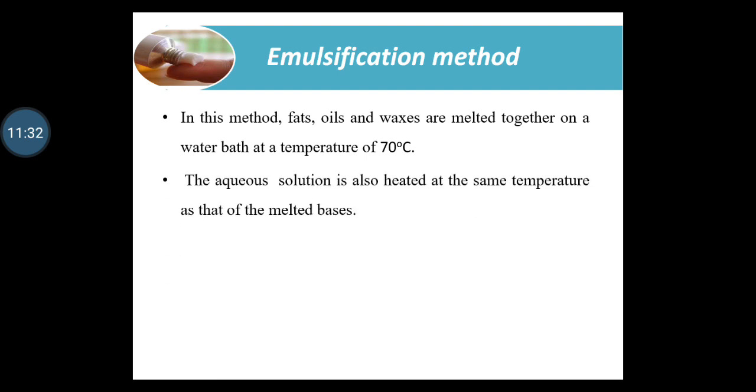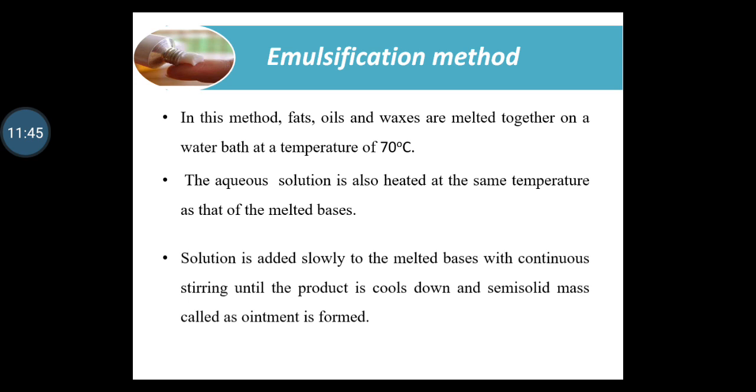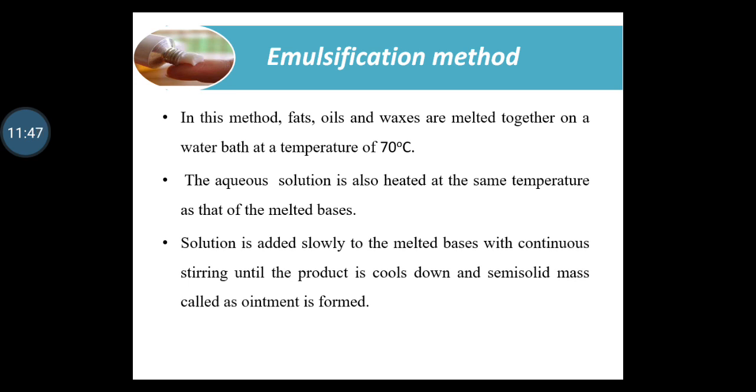The aqueous solution of all of these heat stable water soluble components is also heated almost at same temperature as that of melted bases. The solution is added slowly to the melted mass with continuous stirring until the product cools down and semi-solid mass is formed, that is known as ointment.